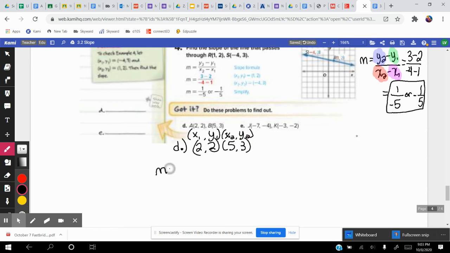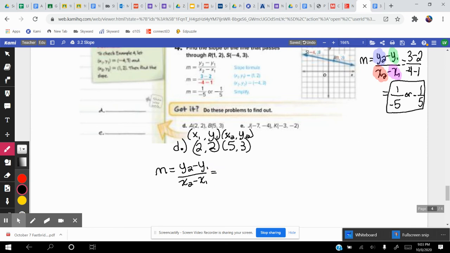So slope equals y2 minus y1 divided by x2 minus x1. You'll notice I will write this every single time to help me remember what the formula is.